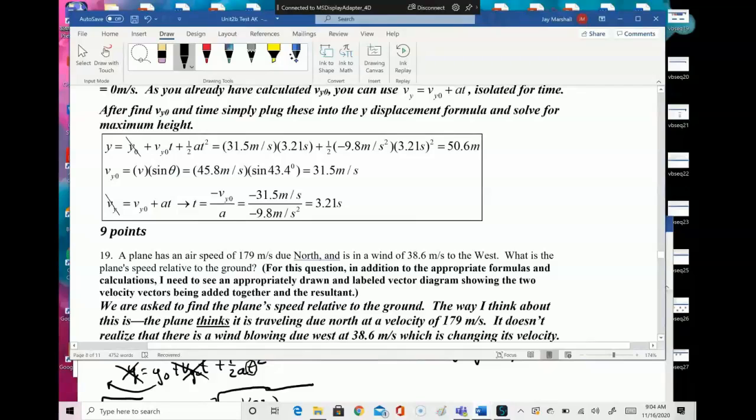So I've done that here. T equals negative Vy0 over A. I found out how much time it took for half of the flight, and then I plugged those numbers back into my y formula, and I got that height.